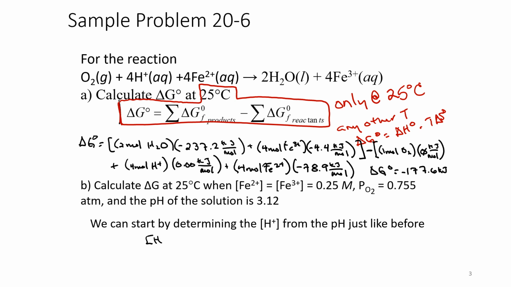Let's start by finding our H+, same thing we would do in the acid-base chapter. Our H+ is equal to 10 to the minus pH, which is 10 to the minus 3.12, and that gives us 7.6 times 10 to the minus 4th molarity.